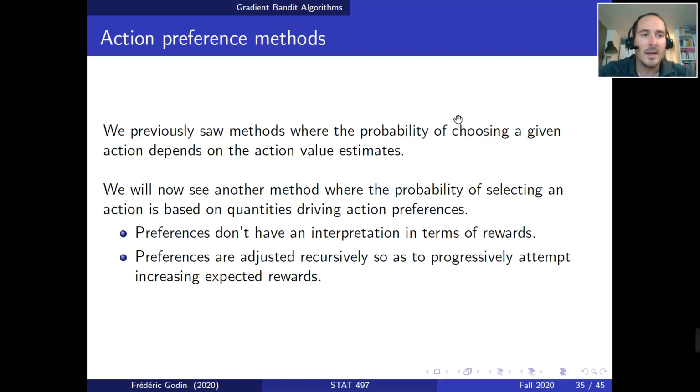Action preferences are abstract quantities which don't have an interpretation in terms of rewards or expected rewards. They're just preferences, and we try to adjust preferences so as to eventually have higher preferences for actions which yield higher rewards. So we will now illustrate that method.